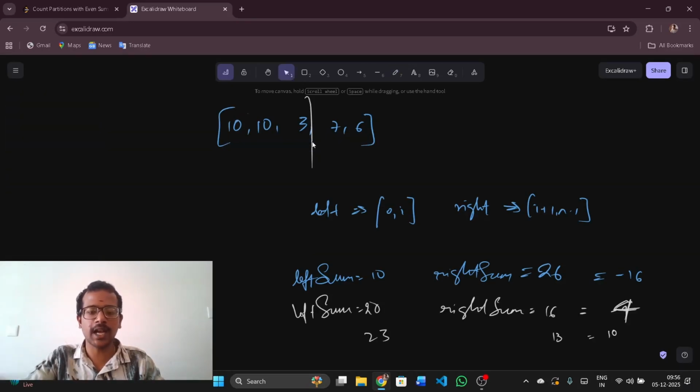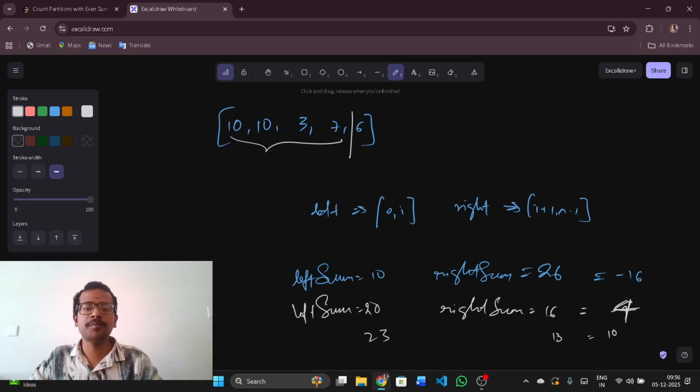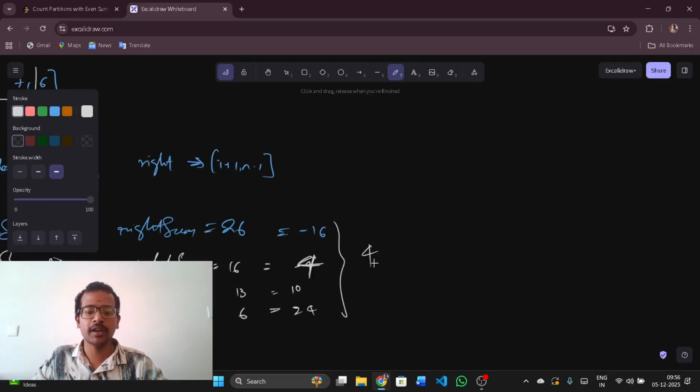They said that i is less than n minus 1, so i can go till here. The sum here is 20 plus 23 plus 7, 30 minus 6 will give me 24. So totally there are 4 partitions which have even sum difference.